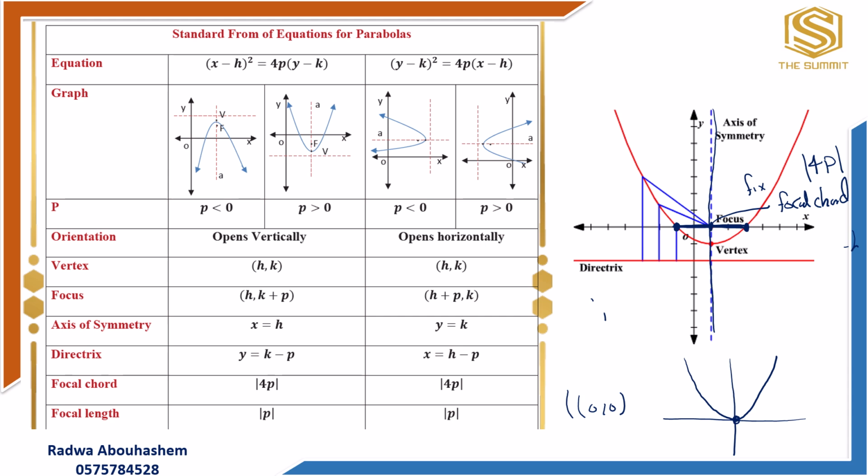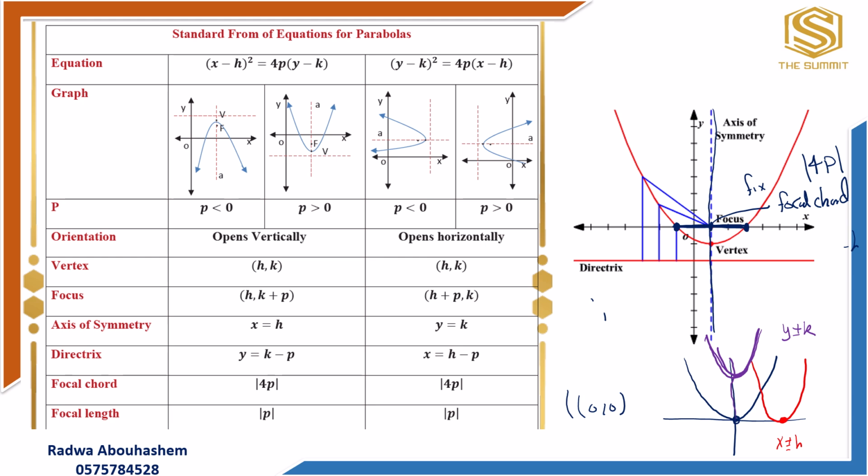If you shift it left or right, this means that you are changing the position on the x-axis, so you're going to add to or subtract from the x. And if you shift it up or down, you're going to add to or subtract from the y.